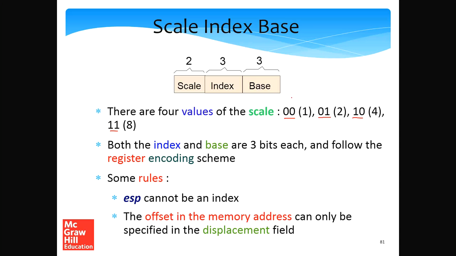So basically this would be of the form EAX plus EBX. 01 has a scale of 2, so this would encode an address of the form EAX plus 2 times EBX. Similarly, 11 encodes a scale of 8, so this would encode an address of the form EAX plus 8 times EBX. So both the index and the base are 3 bits each, so they follow the register encoding scheme.